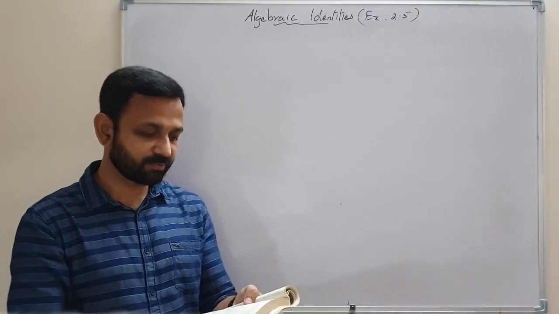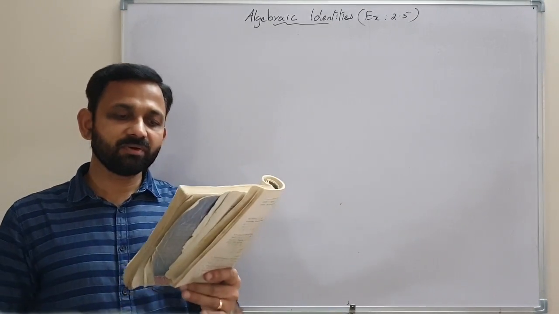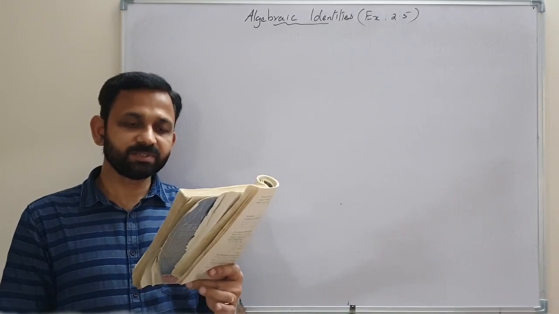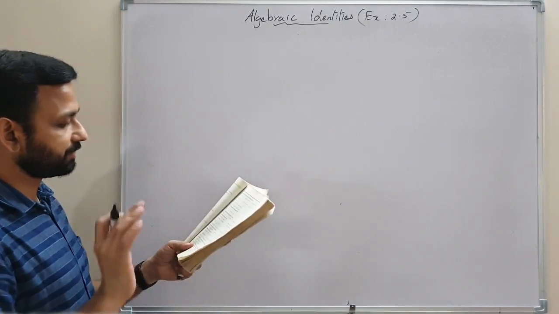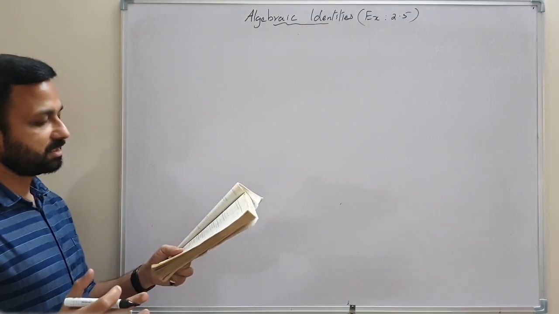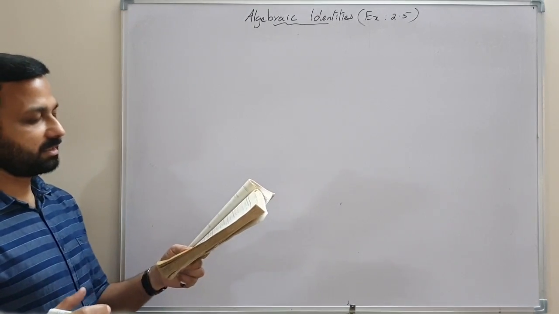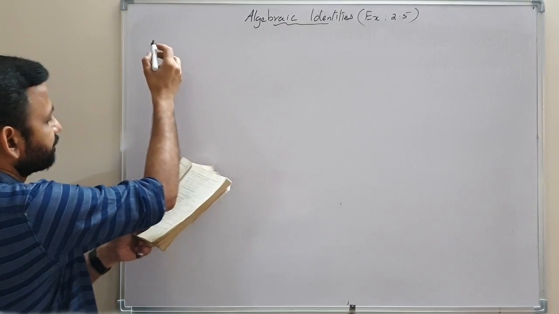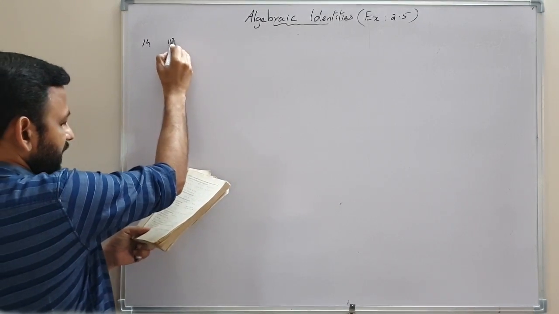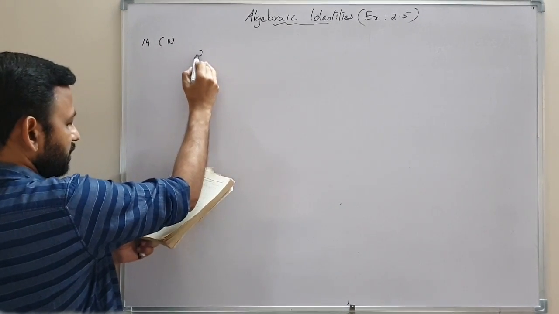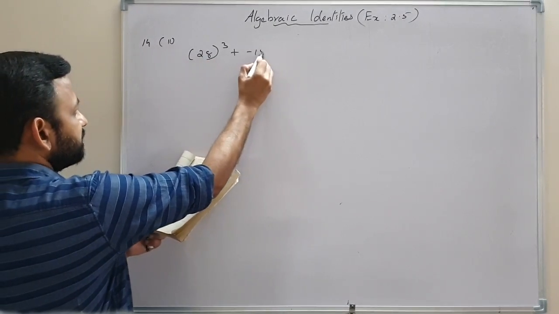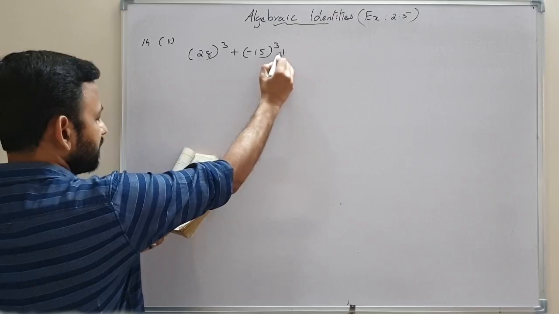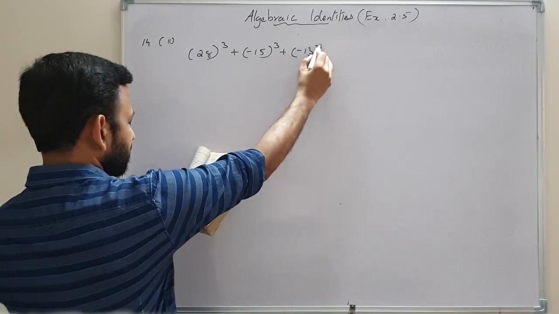Now we are doing question number 14. Without actually calculating the cubes, find the value of each of the following. Two parts are there. We will do the second part now. Question number 14, second part: 28 raised to the power 3 plus minus 15 raised to the power 3 plus minus 13 raised to the power 3.